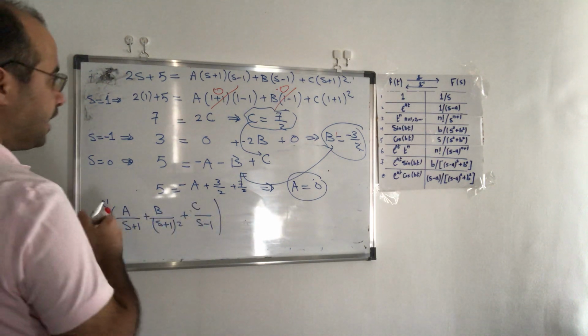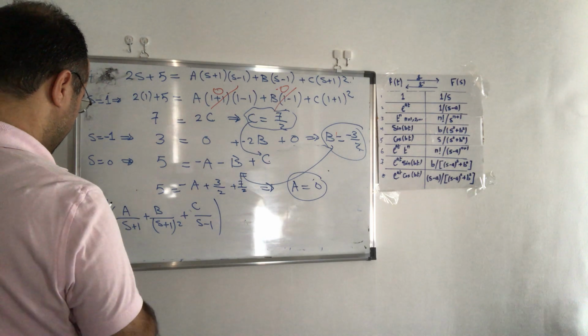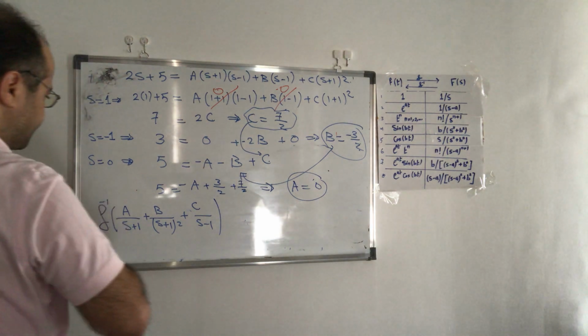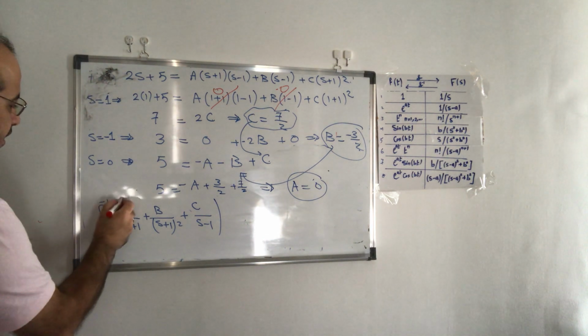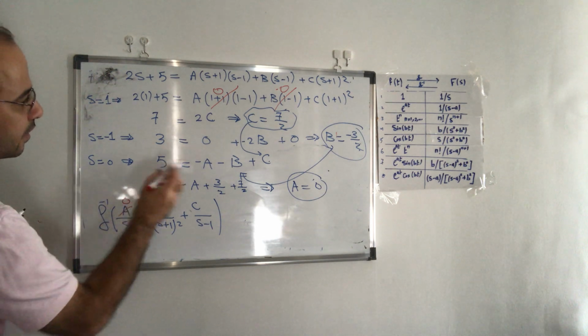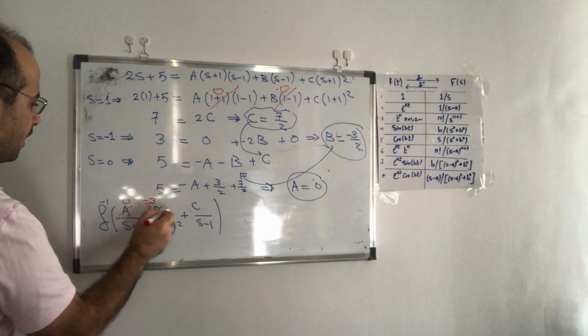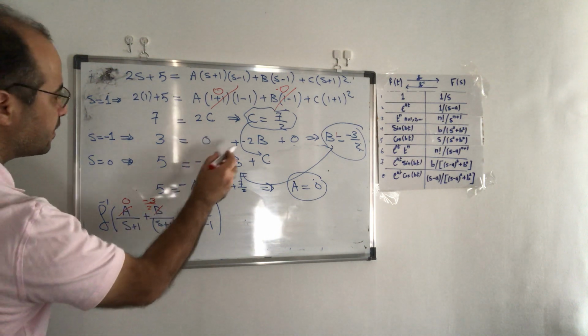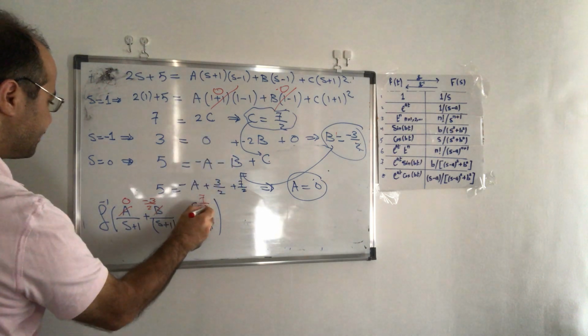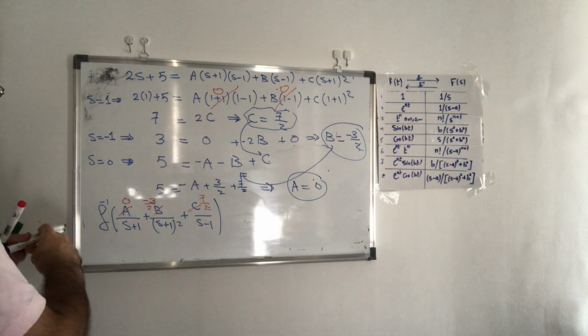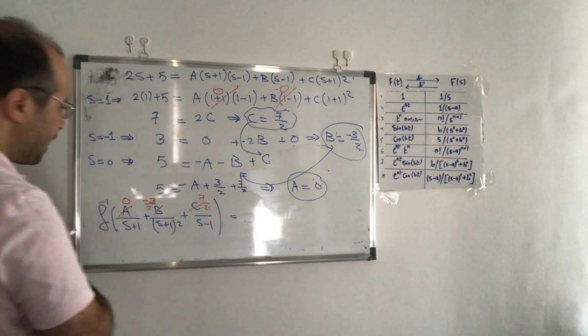Now we know the A and B and C. So what is the A? The A is 0, the B is minus 3 over 2, and the C is 7 over 2, right? Now I'm applying the linearity of Laplace inverse.